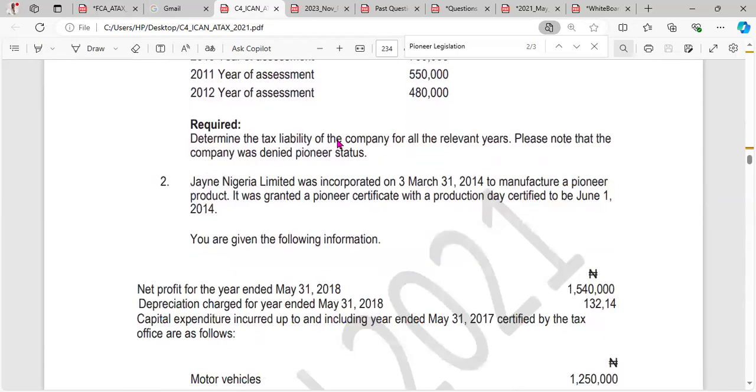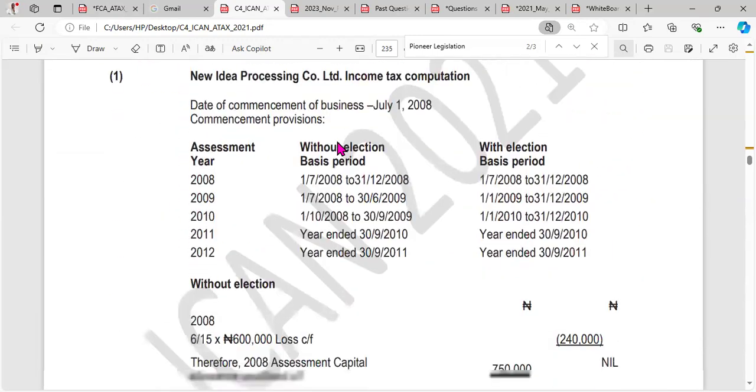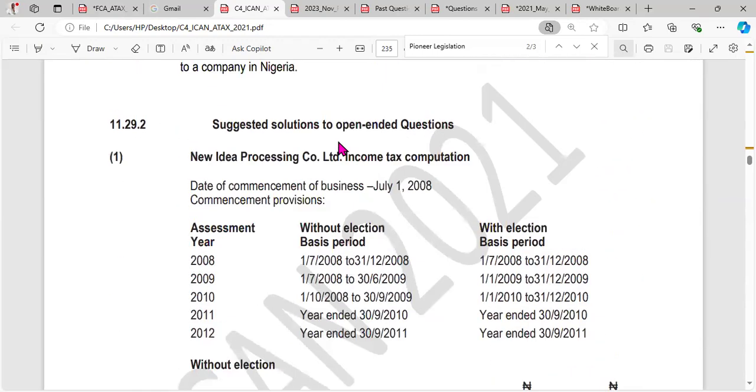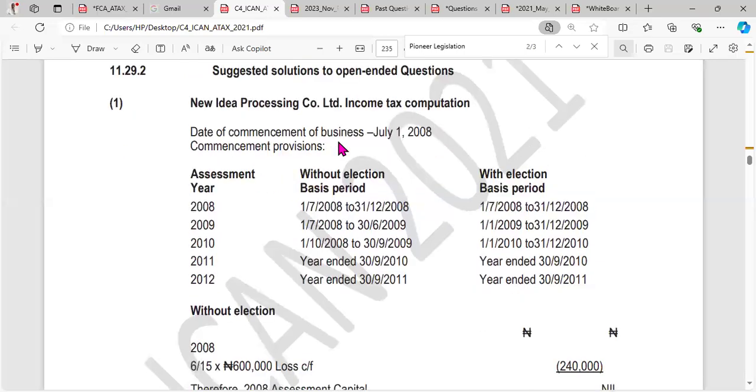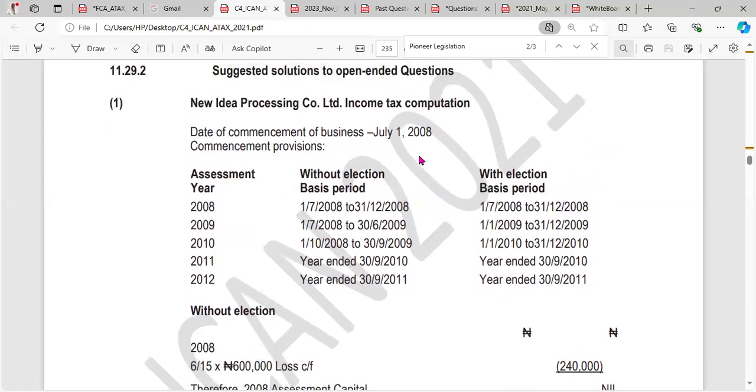But the thing about the study pack is that the study pack looked at the old accounting period. The Old Finance Act is what is being treated here in the study pack.